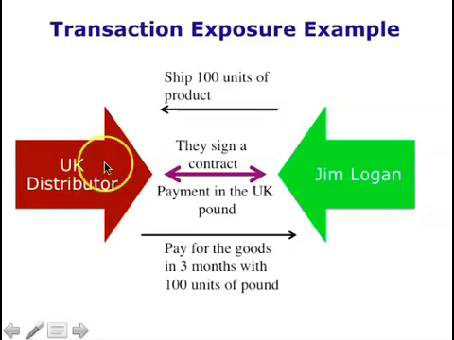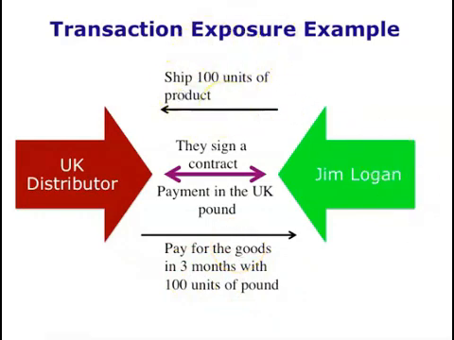The payment for the goods will be made in 3 months. Through the agreements, they agree to pay in pounds, 100 units of pound for these 100 units of product.